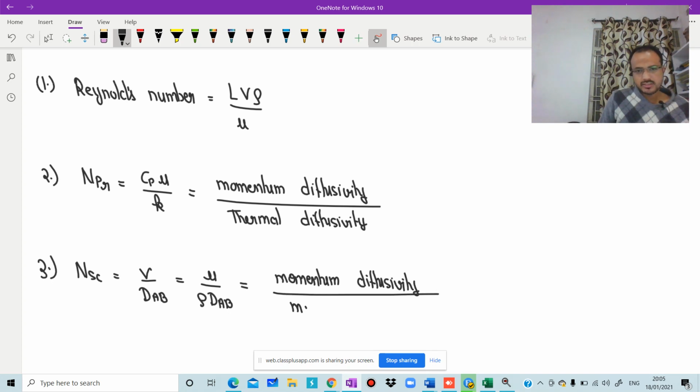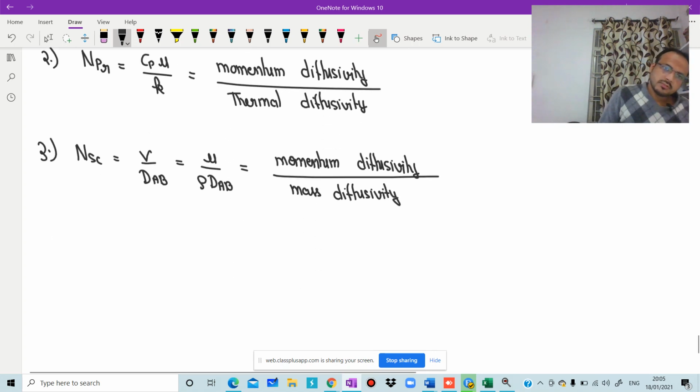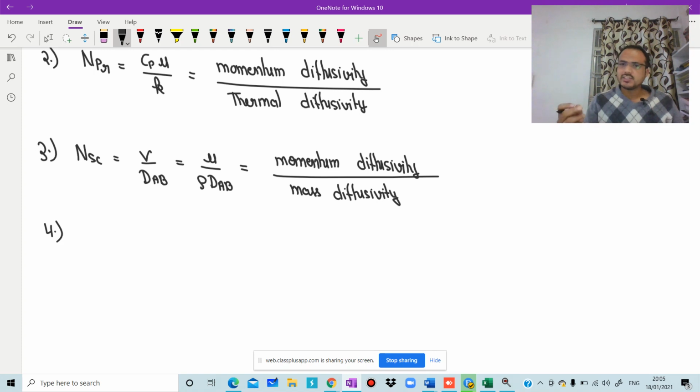They already asked this question in the GATE exam, that suppose in heat transfer we have Prandtl number, then corresponding to that which number will we use in mass transfer? So the answer was Schmidt number.